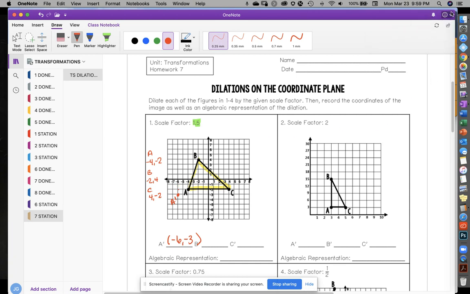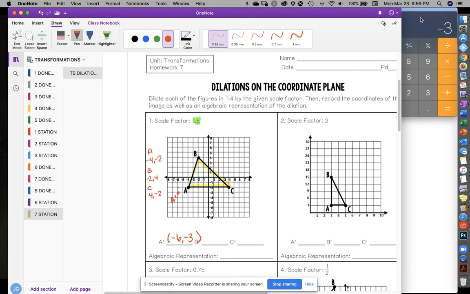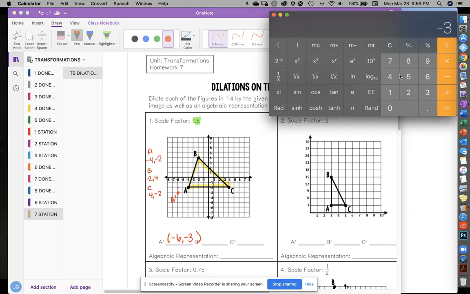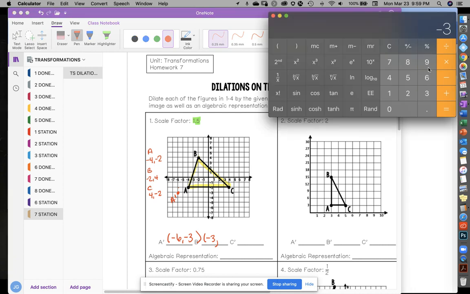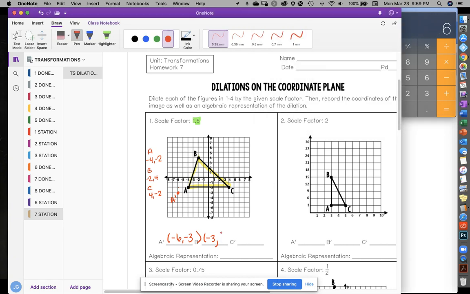Now let's do that for B. I'm going to shrink this down real quick so I can see my calculator a little easier. So my B is going to be, well, we already know what -2 is. It's -3. And then 4 times 1.5 and I get +6.